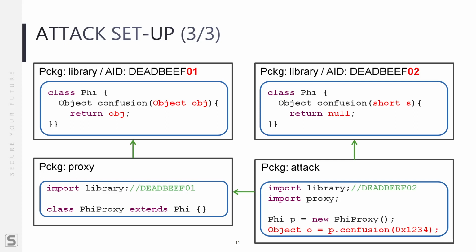Thanks to the inheritance mechanism, this instance can be stored in a variable of type phy. On this instance, the confusion method is called. And if we want to understand what is happening here, we need to analyze two points of view: the bytecode verifier point of view and the JavaCard runtime environment point of view.